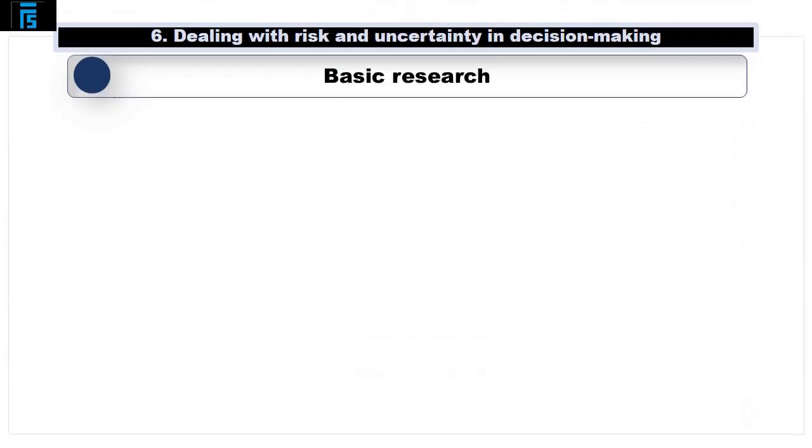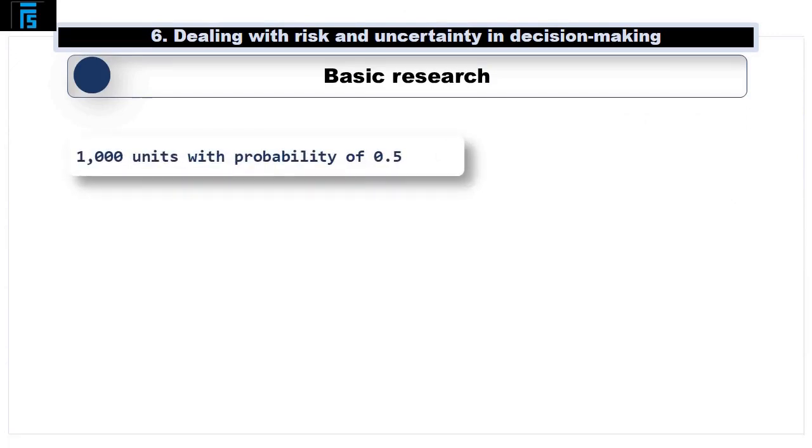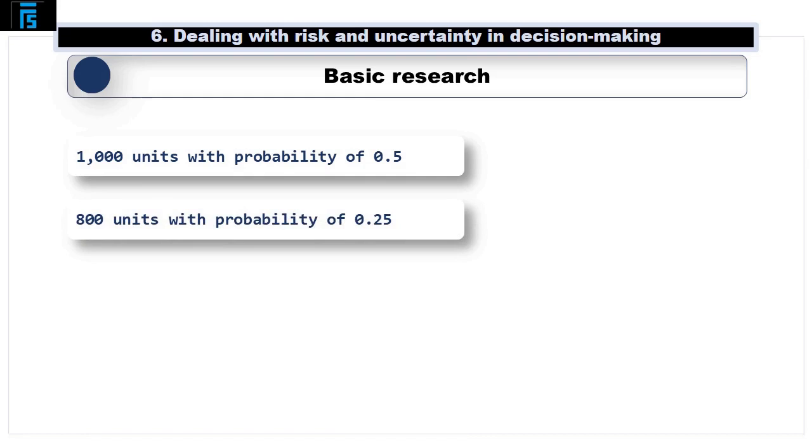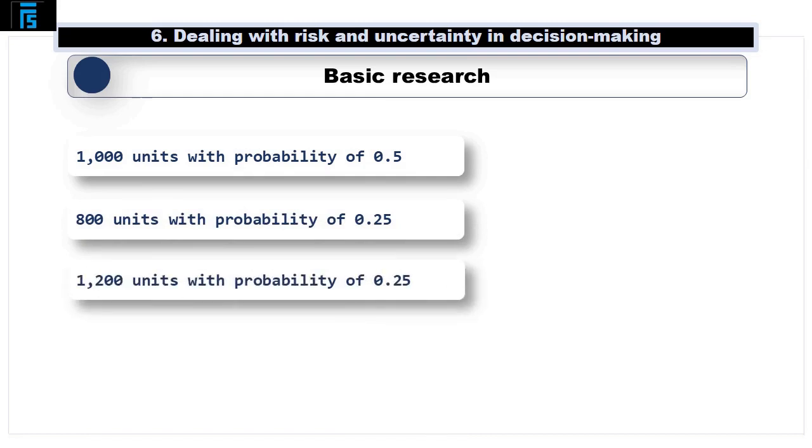Suppose, for example, some basic research showed the following: 1,000 units with a probability of 0.5, 800 units with a probability of 0.25, and 1,200 units with a probability of 0.25.